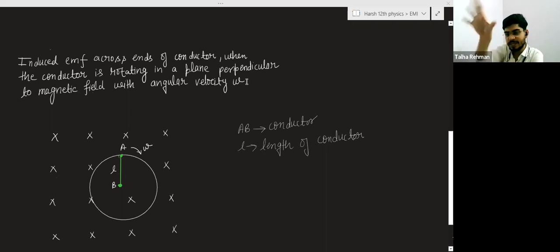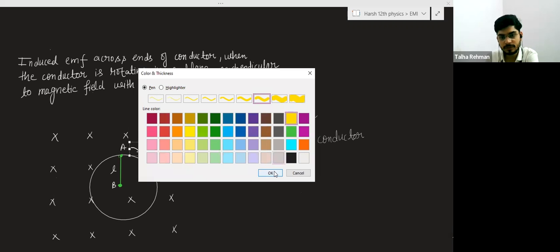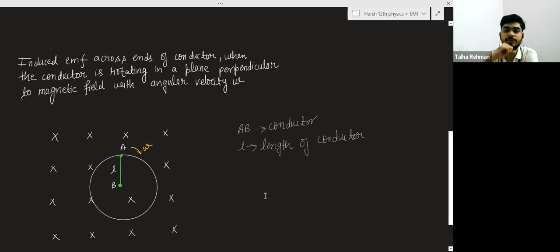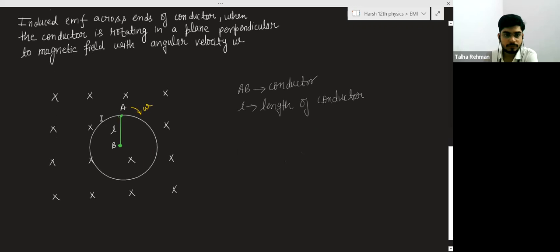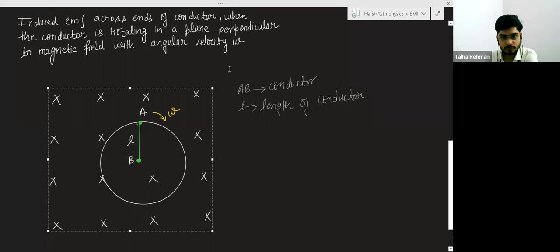So this wire is rotating in this direction with an angular velocity omega. Now we want to calculate the EMF induced in this wire. So what we will do?